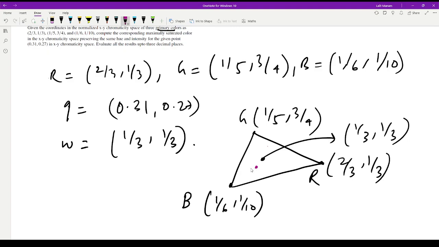So given this point Q, what is the maximum saturated color? Well, first we'll try to understand it geometrically, and then of course the formulas will make more sense and it will be clear. So how do we get the maximum saturated color given the same hue?